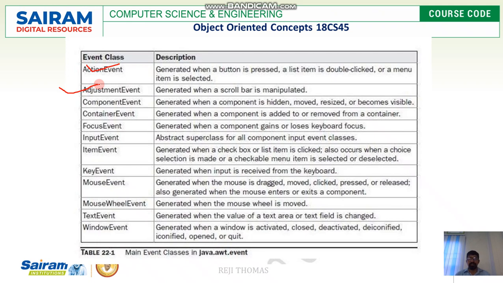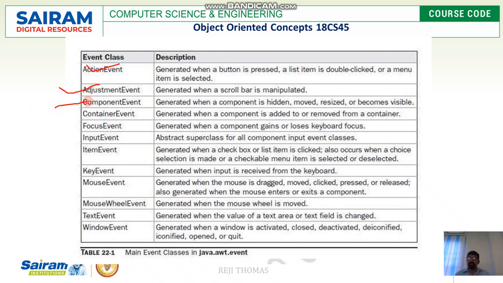This is generated when a component, you know what a component is, is hidden, or moved, or changes size or shape, or becomes visible or invisible. All these events can be handled using this class.